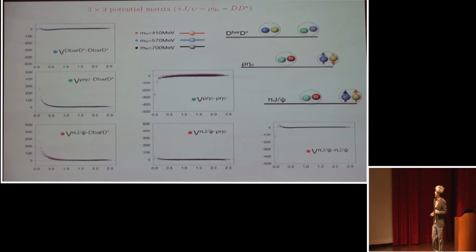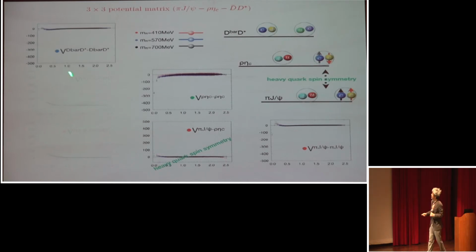So this is the result. We consider 3 pion masses from 700 to 400. This is the diagonal part, and you notice the diagonal part is very weak and almost quark mass independent. It's almost negligible, except for some short distance pieces.